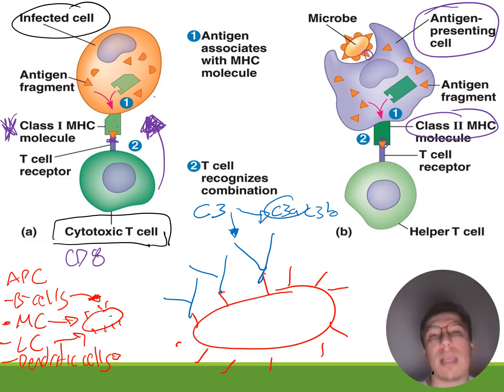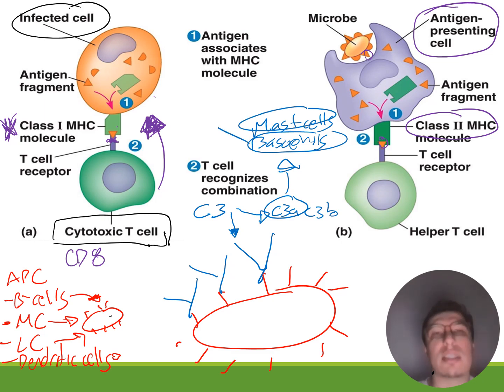Remember that C3a is for inflammation. It's going to stimulate mast cells and basophils, amongst others. Once you stimulate mast cells and basophils, you are increasing the release of histamine and heparin to increase that immune response. You are now wanting to recruit immune cells to this area.